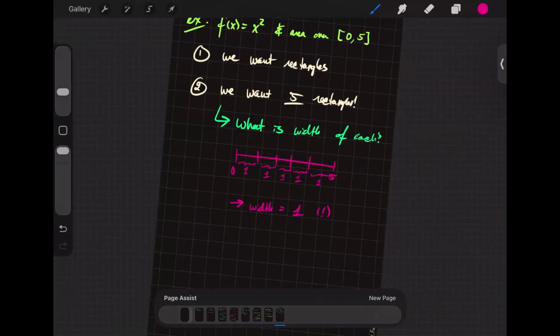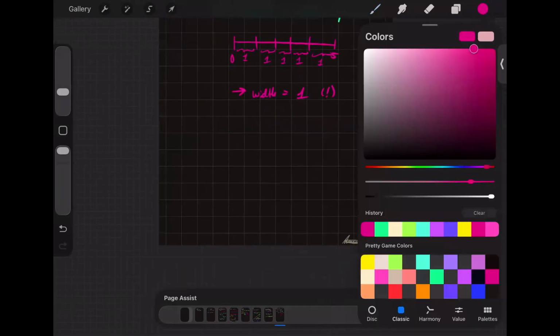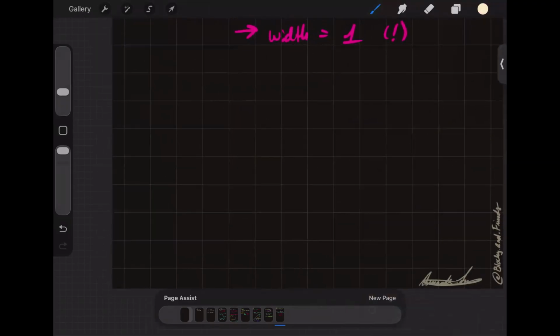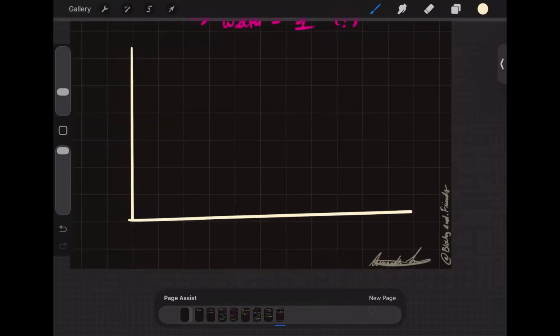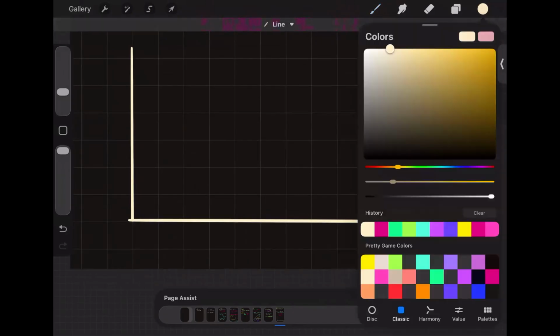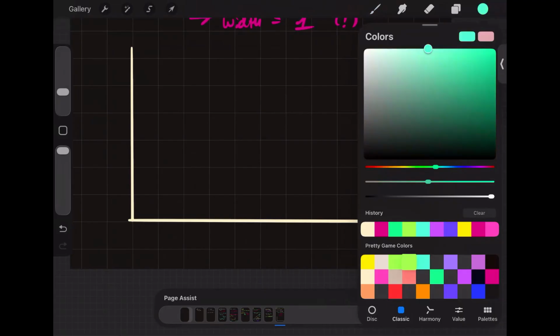So draw your picture, sketch your curve, make your little rectangles, and tell me what the area is. I'll work this out in the meantime. Hit pause and then come back.